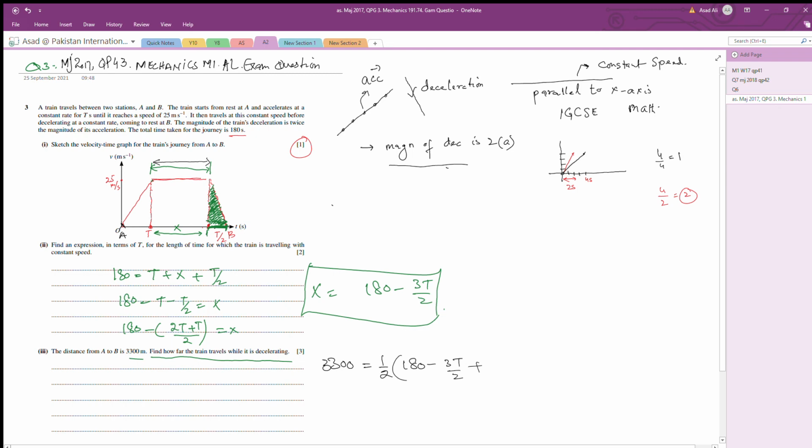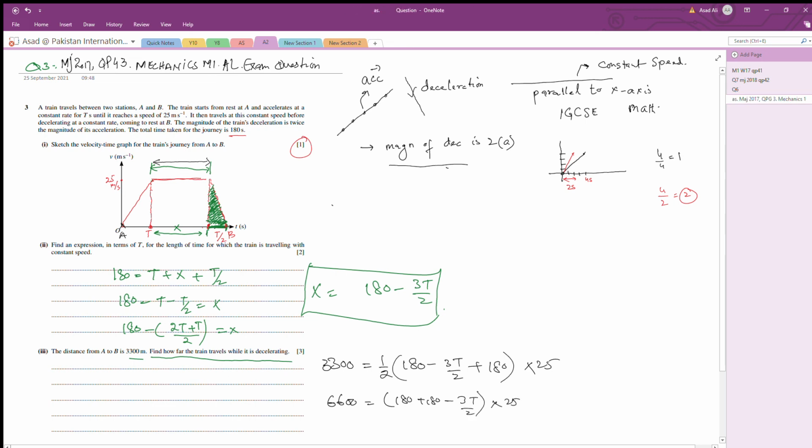The total time, this is 180, into the velocity, which is 25. So this is 6600, which is equal to 180 plus 180 minus 3t over 2, into 25.